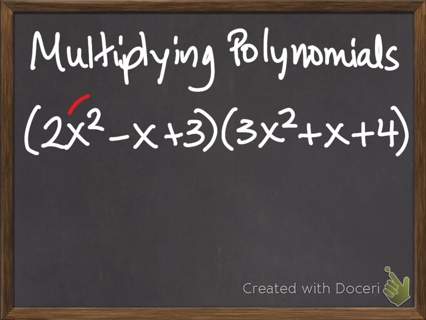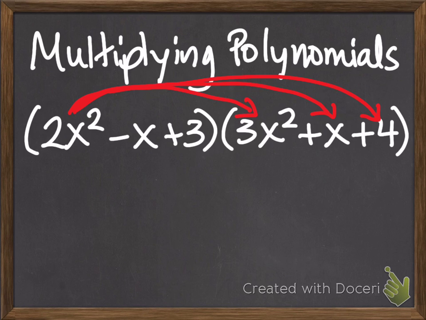What we need to do is take the first piece and distribute it to all the pieces in the second parentheses. You could do this the other way around. By the time you're done multiplying these, you should have 9 pieces that will have to be gathered with their like terms.